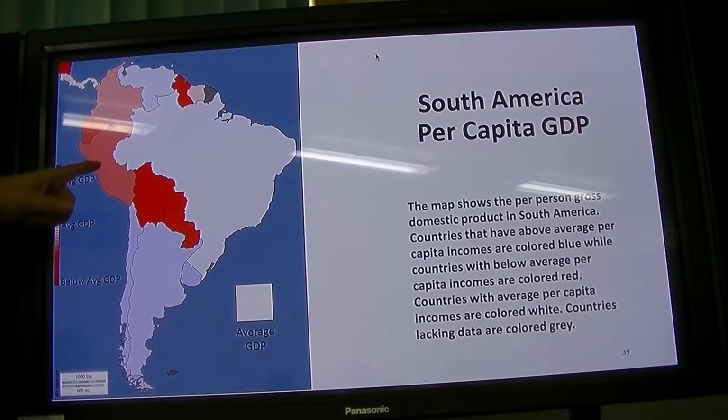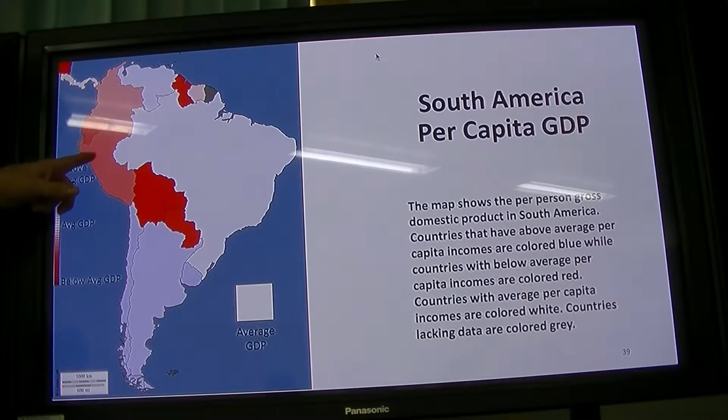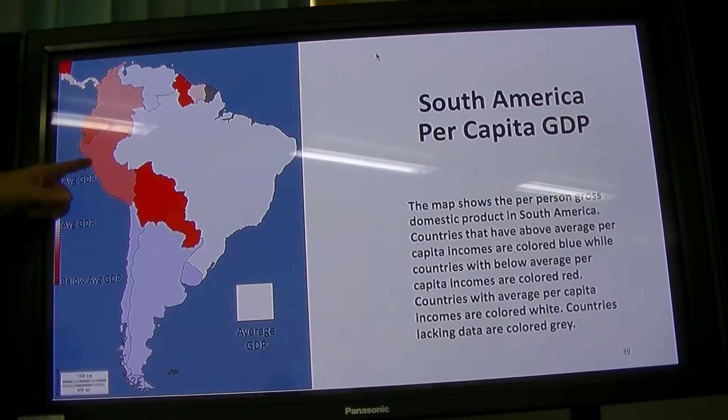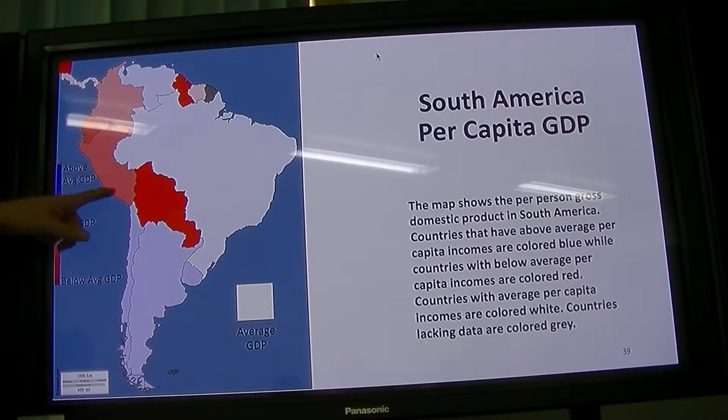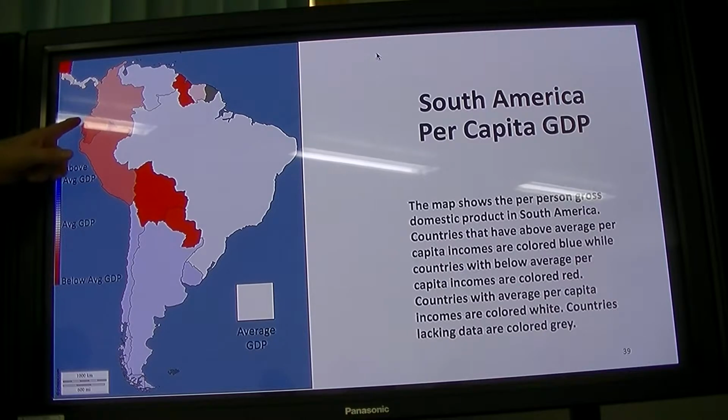Peru has had a fair bit of political instability. It's reasonably wealthy in terms of resources, but politically, it's had a mixed picture over the decades. Ecuador is actually poorer than you would expect.